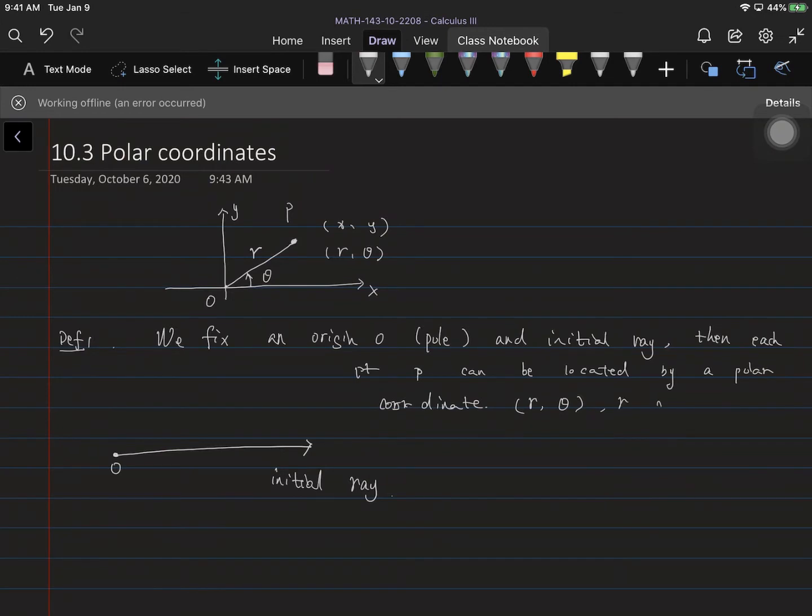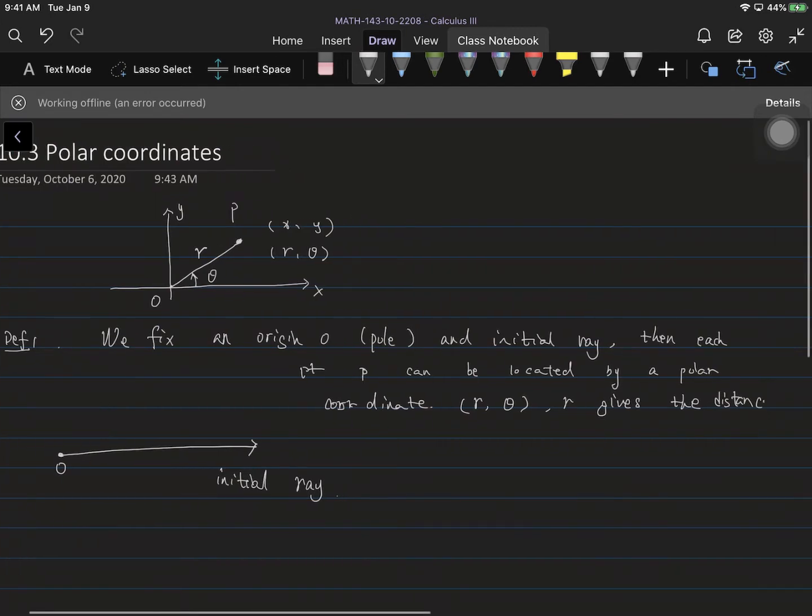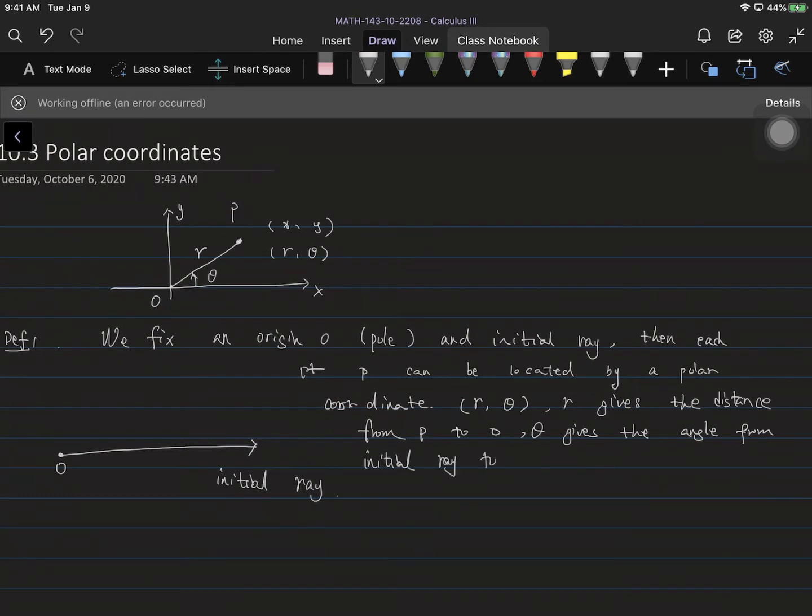And what is r? R gives the distance from P to O, or O to P, doesn't matter. And theta gives the angle from the initial ray to OP.